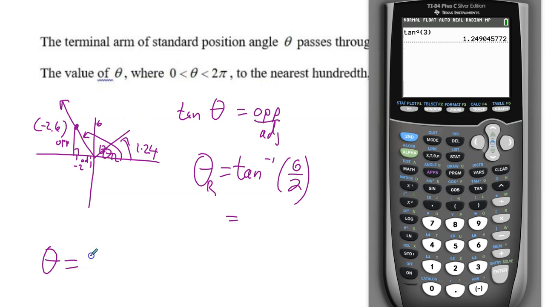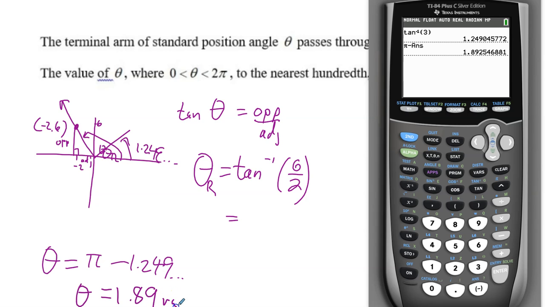So my theta is going to be pi minus 1.2490... Okay, so I'm just going to go second pi minus, and second answer to pull that down, and we get 1.89. So to the nearest hundredth, theta equals 1.89 radians.